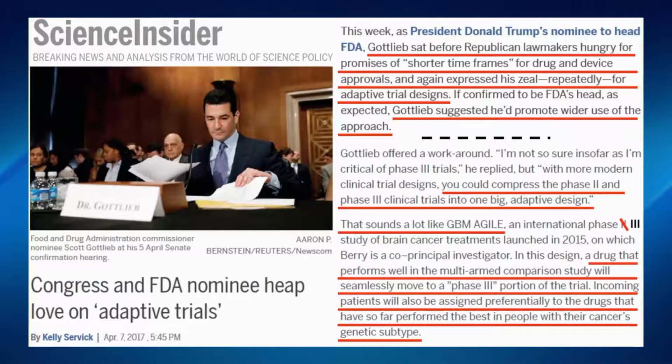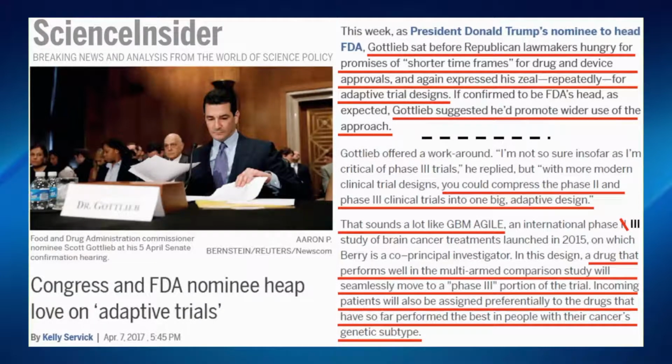Kelly Servick, writing for Science, said everything they asked him, he answered, we're going to do clinical trials from an adaptive perspective. If they said, well, you seem to be not too high on the usual high-level clinical trial, he said, we'll be adaptive.